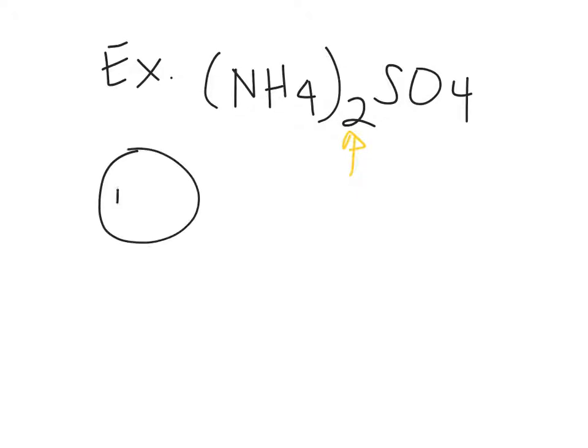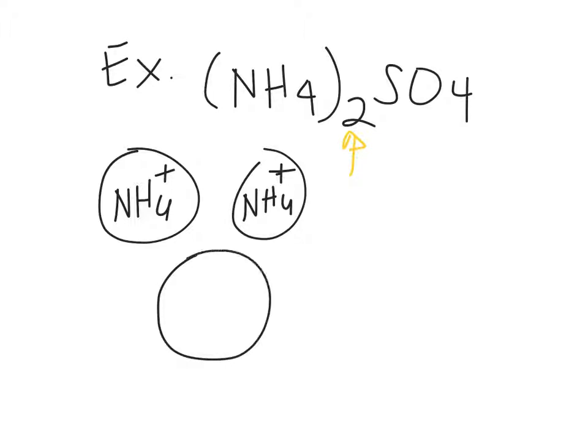So I've got 2 NH4 pluses in this compound, and everything else must be my anion, so I've got 1 SO4 with a charge of -2, that's sulfate, the anion.